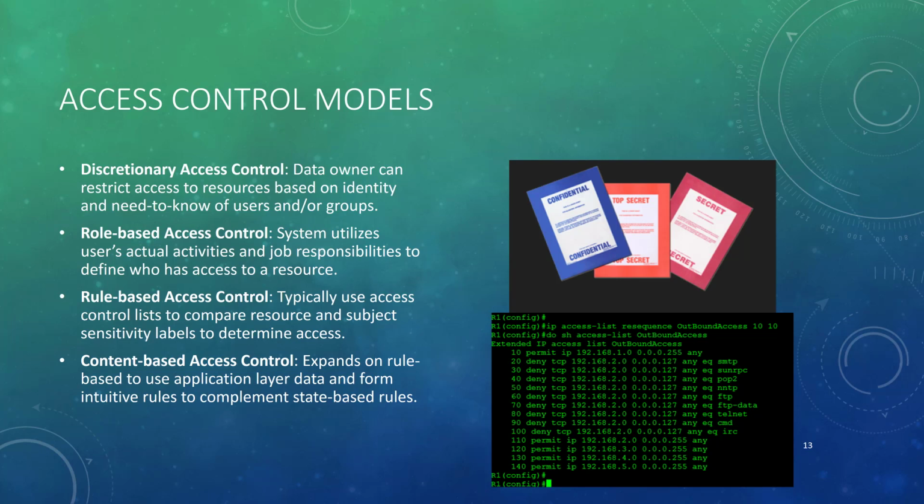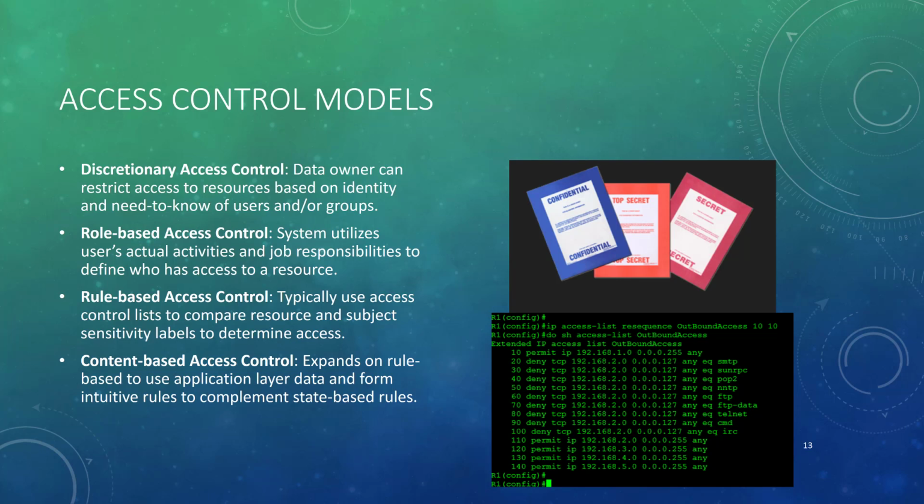Another way of doing this is going in and looking at their actual job responsibilities and then defining who has access and to what degree they have access. And that's called role-based access control. To build upon that, you can actually then go in and build rules associated with that, and you're comparing the resource to the person who's trying to get in to determine who has access to a particular system.